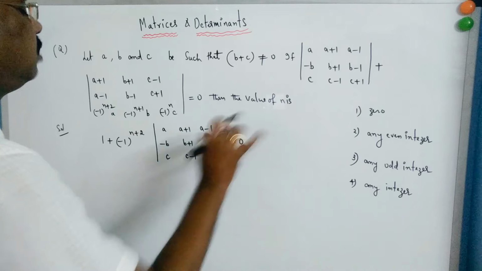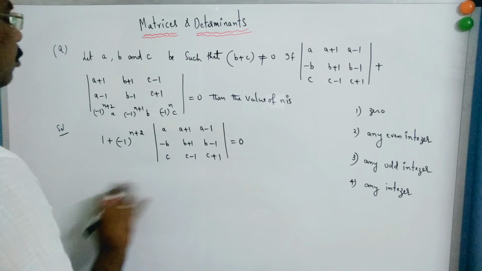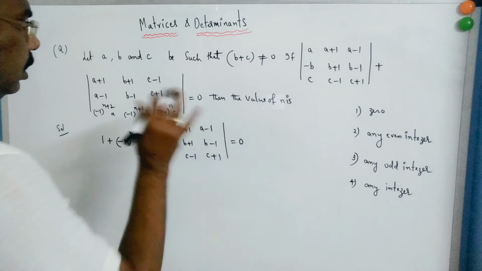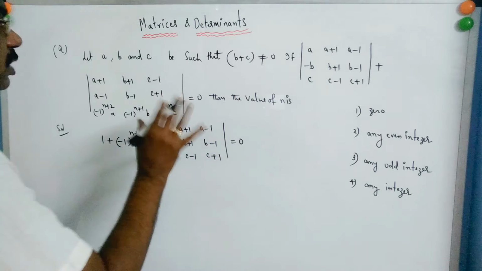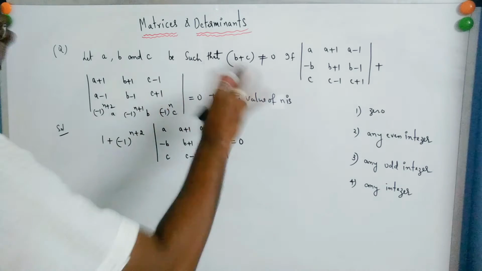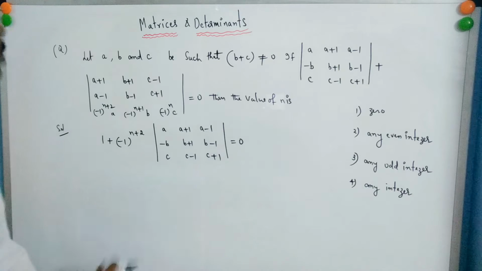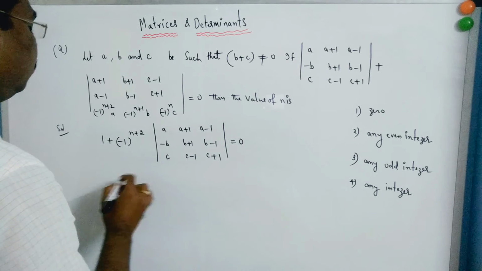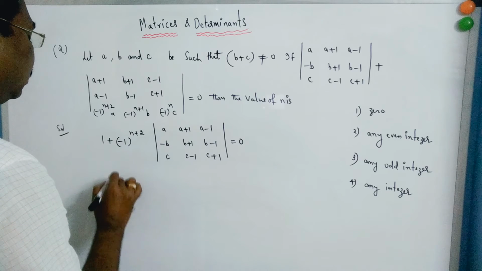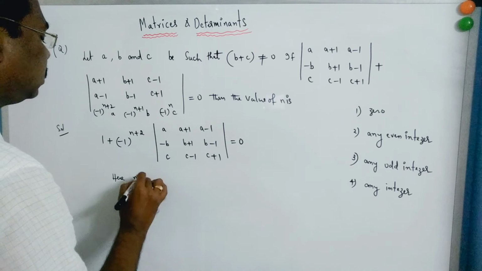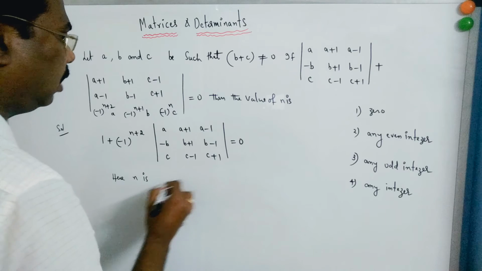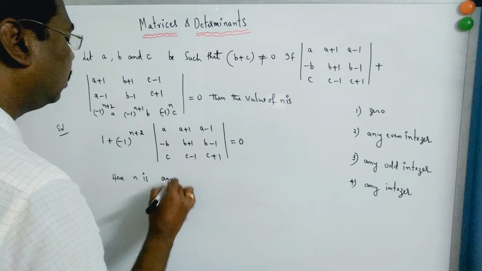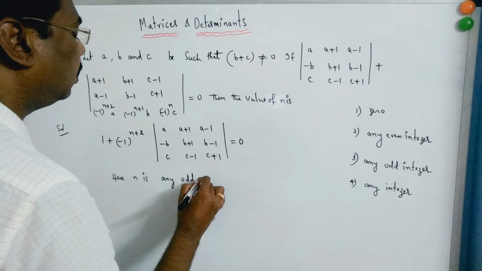Therefore, the det must be equal to 0 means n should be any odd integer.